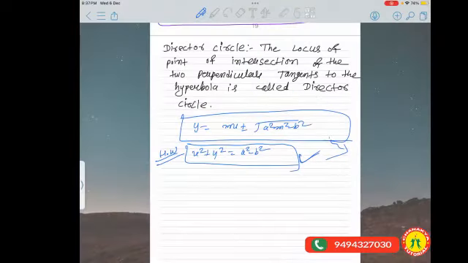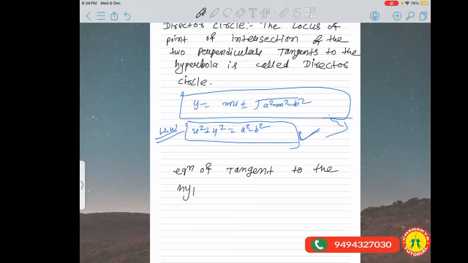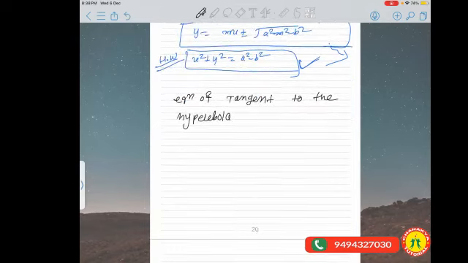The locus of a point of intersection of the two perpendicular tangents to the hyperbola is called the director circle. It means you can write the equation of tangent to the hyperbola, that is y equal to mx plus minus root under a square m square minus b square.